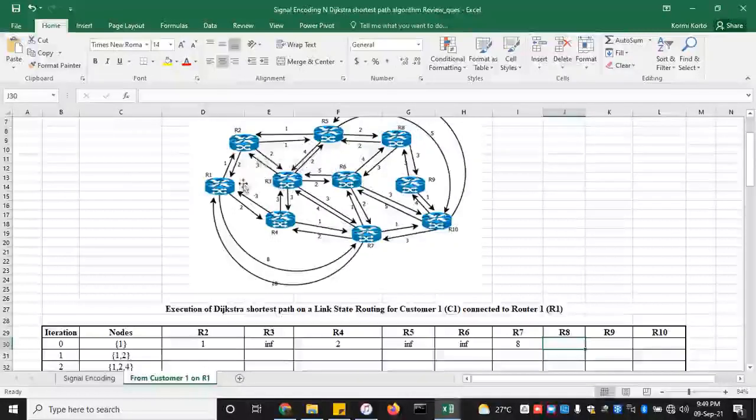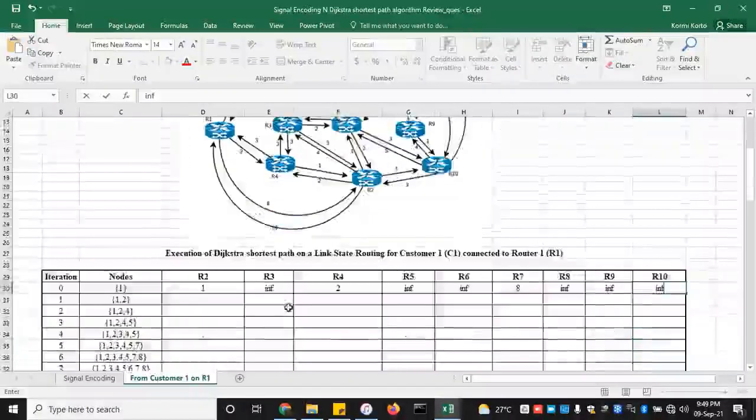You'd have to go through a number of nodes or routers to get to 8. So at the initial iteration, it will be infinite. So will 9 be, as well as 10.